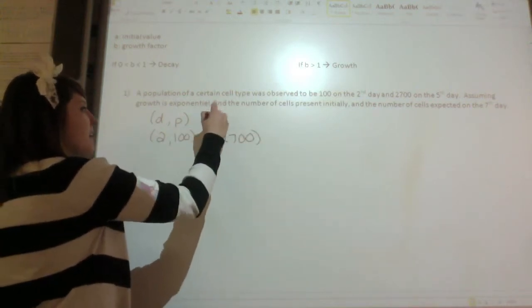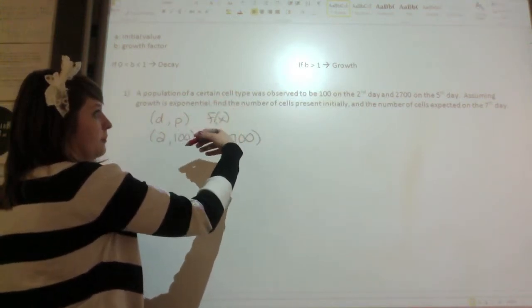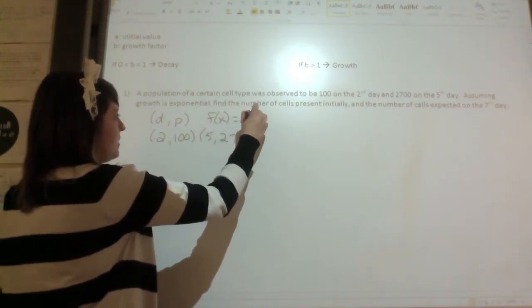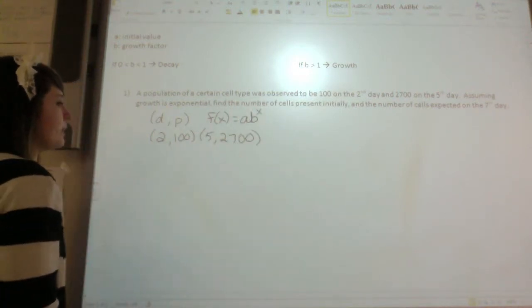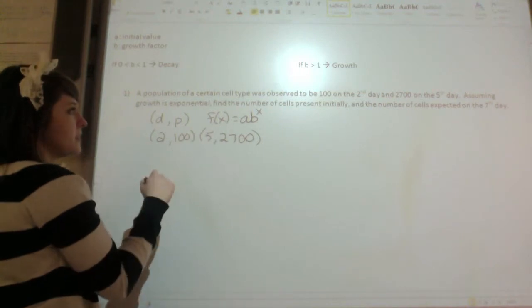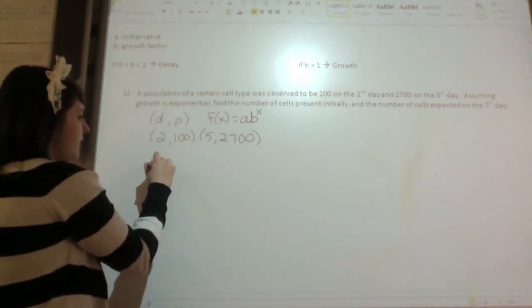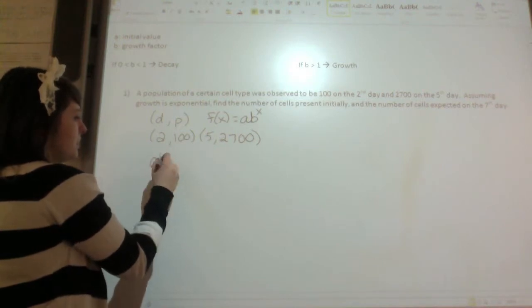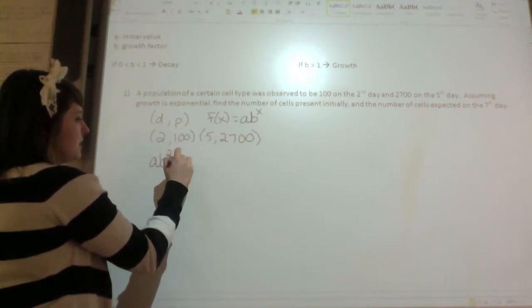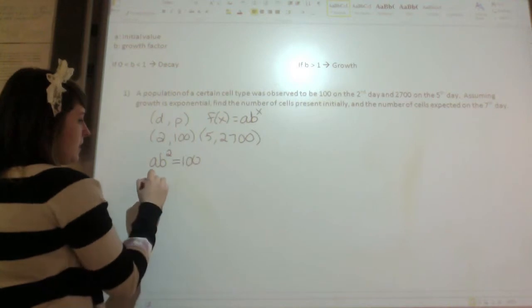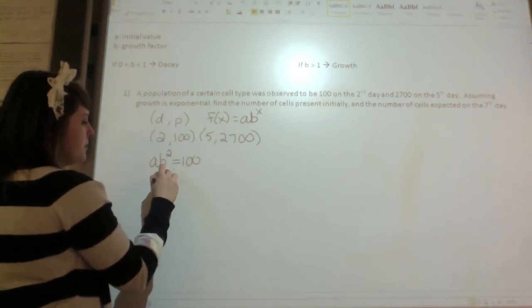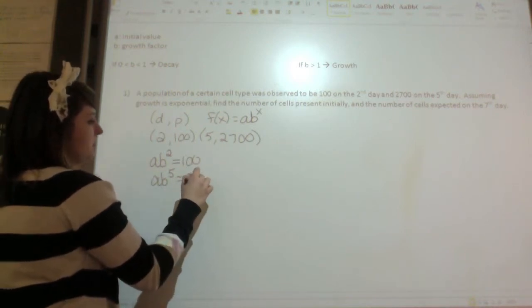I also know that I have an exponential growth here, so I've got ab to the x. So what I can do is plug these into my equations. I can say that a times b to the second is 100, and a times b to the fifth is 2,700.